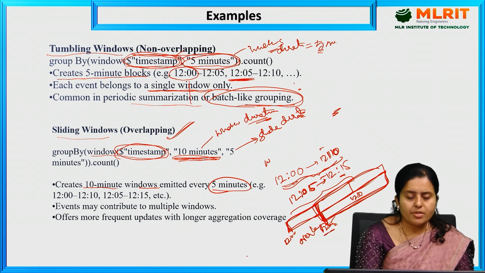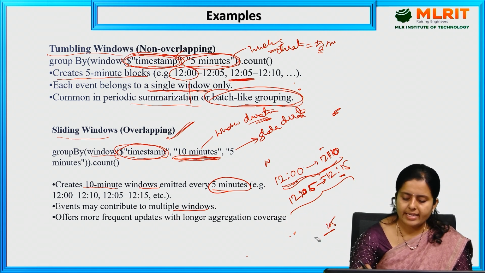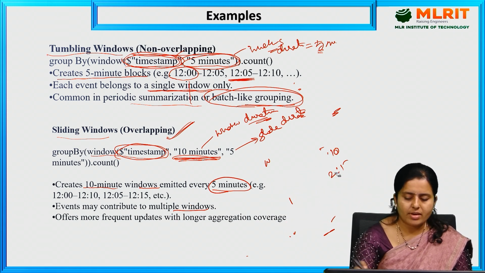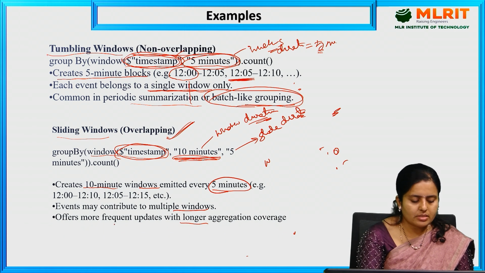Events may contribute to multiple windows, so there may be chances of getting multiple events, because of the overlapping. Sliding windows offer more frequent updates with longer aggregation coverage.